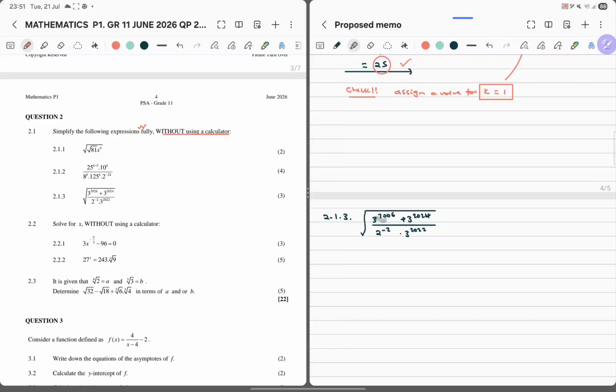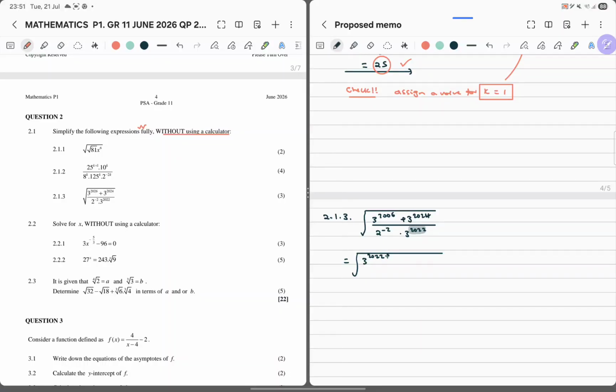We can already see that of these big exponents, this is the smallest. So we need to try and create this exponent in those two on the numerator. So this gives us a chance to do some stuff. So what do we know? We know that this is 3 to the exponent 2022.